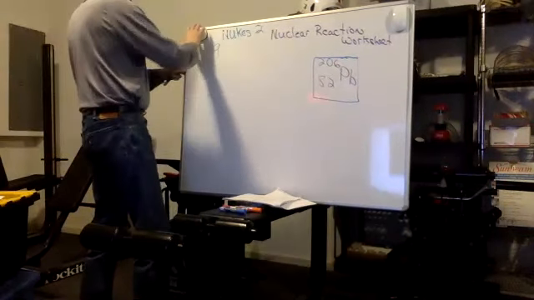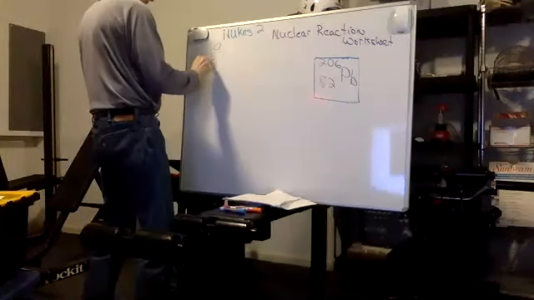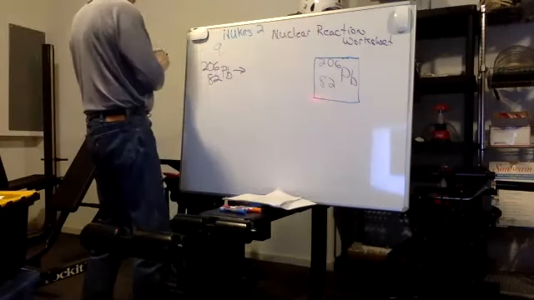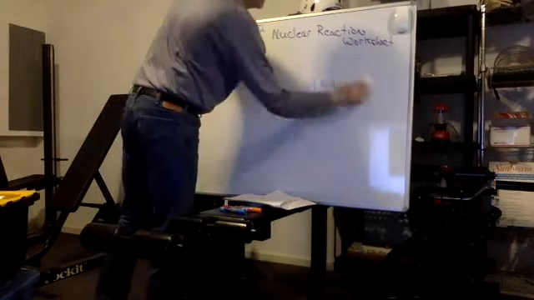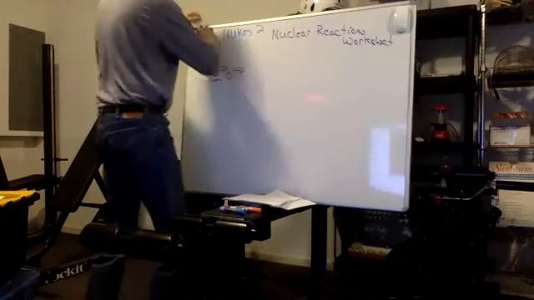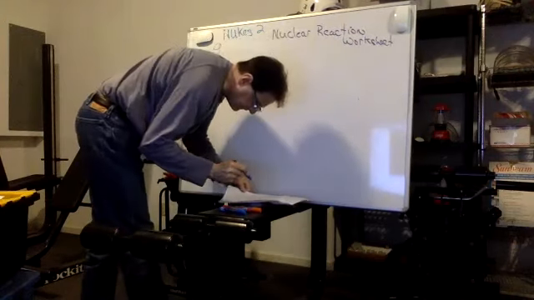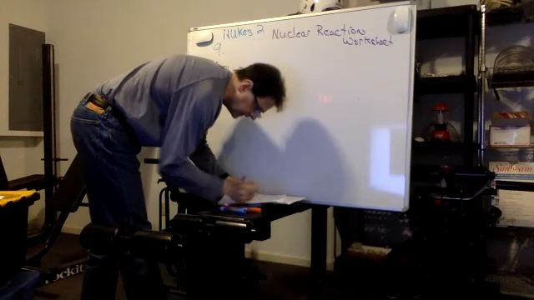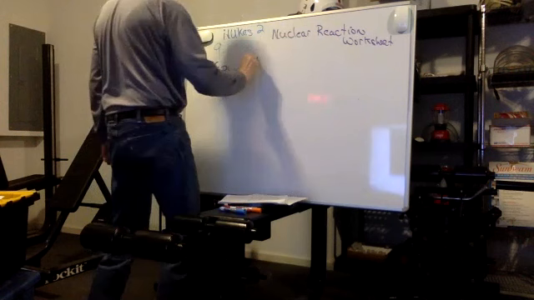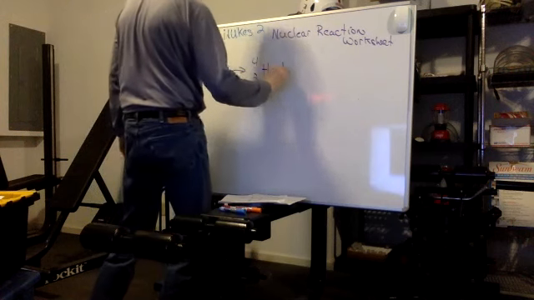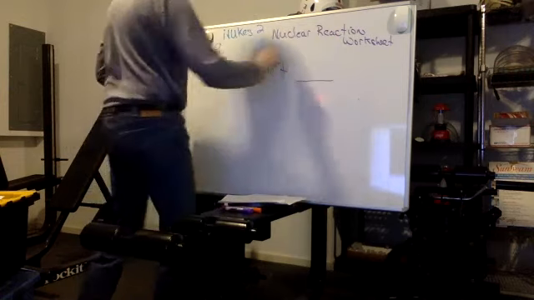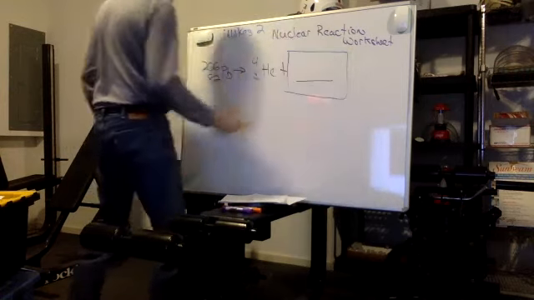So I'm going to take that 206, 82 Pb, because that's the first alpha. So I've got one alpha, and I need another alpha. So I'm going to need this isotope to do the third step.